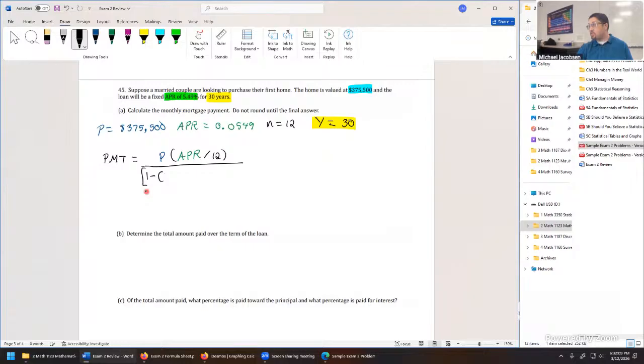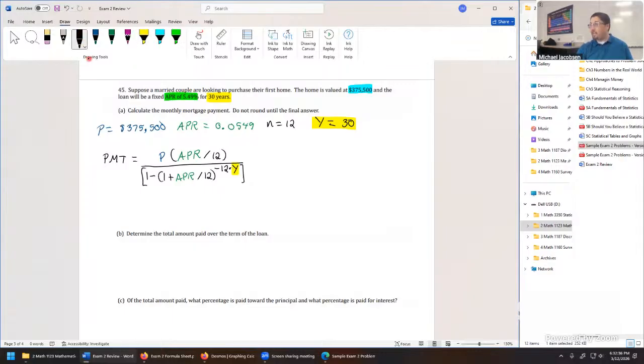We'll go 1 minus (1 plus APR over 12). And here's where that other question came into. This is the spot where the negative exponent comes into play. This is raised to the power of negative n in the formula, but we swap in a 12 times the term length. So there's our entire formula.